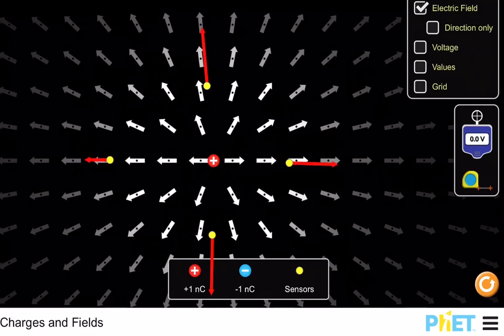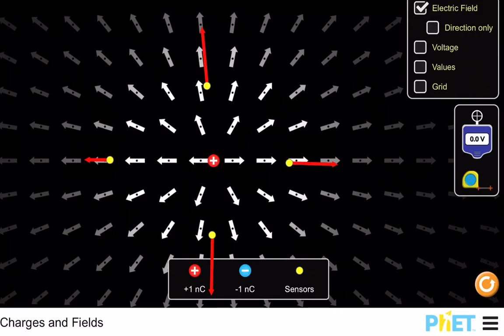Okay, so what is the electric field? The electric field, in a simpler way, can be thought of as a region around a charge where if we bring any other charge, that charge feels a force acting on it. The stronger this charge is, the greater will be the electric field.